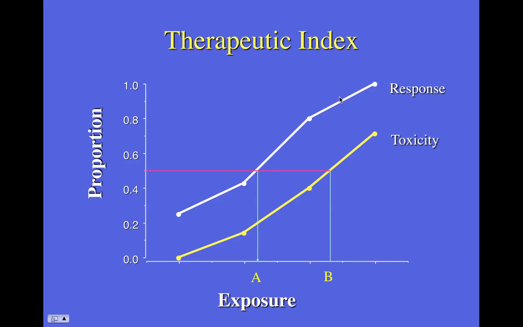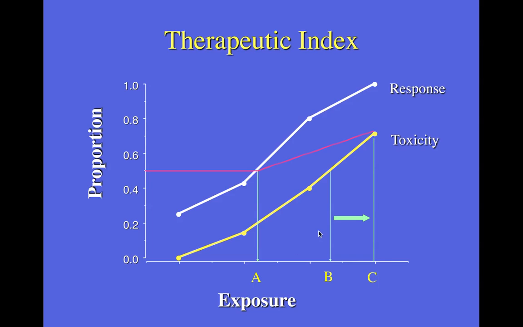And these rise roughly in parallel. And one way of defining your therapeutic index might be to say this dose here, or this exposure here, and divide it by this dose here. So you have a ratio B divided by A, which is your therapeutic index, and that's a perfectly acceptable way of looking at the situation, especially in a population.